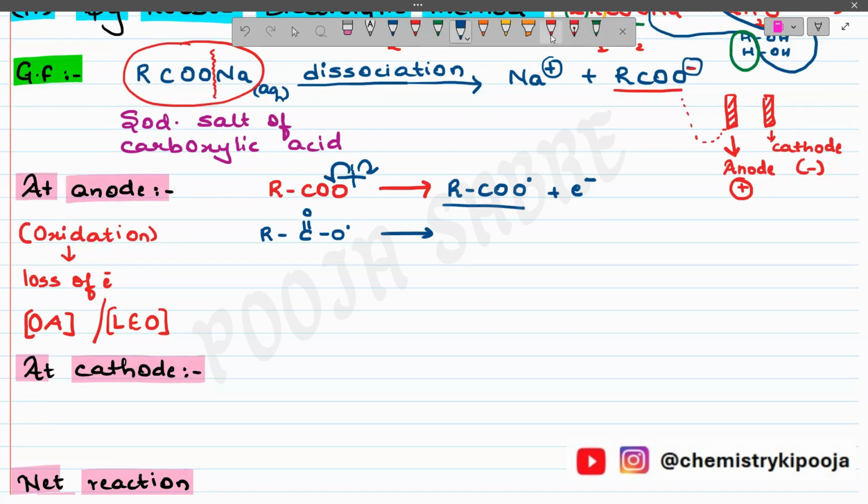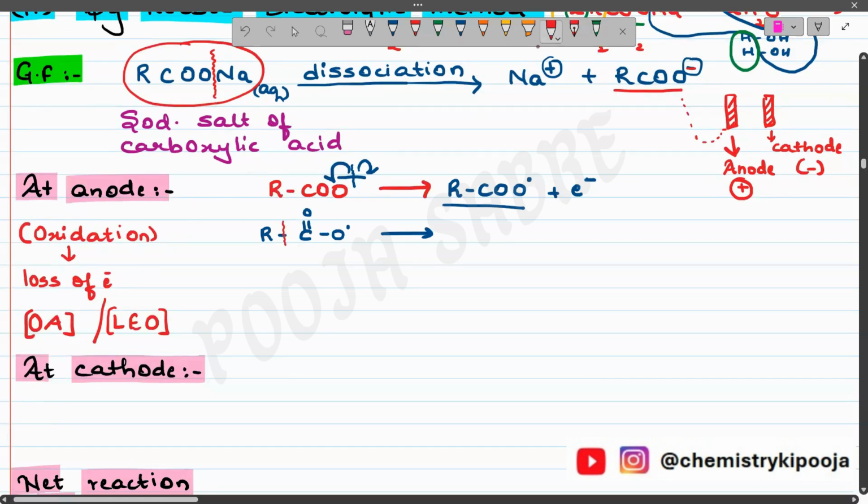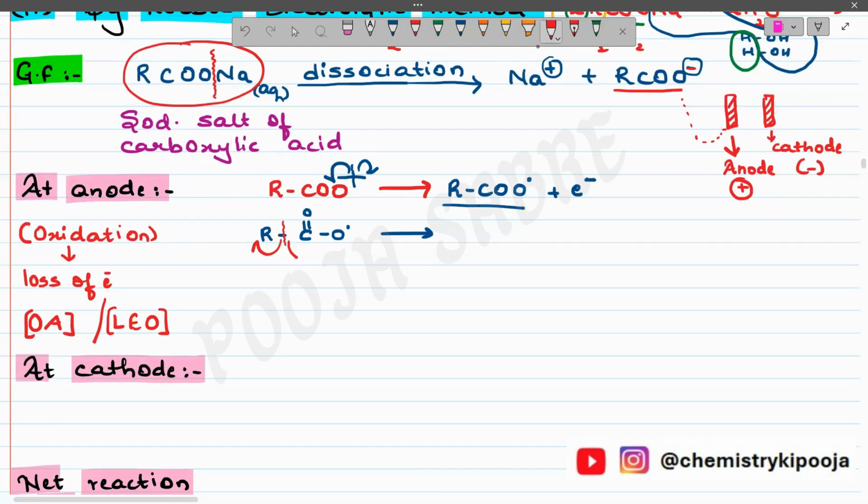Now how will the homolytic fission take place? Between this carbon and this R group, there will be homolytic fission. So this R will take up one electron and one electron will be taken up by this carbon. Clear? So I will get R dot.